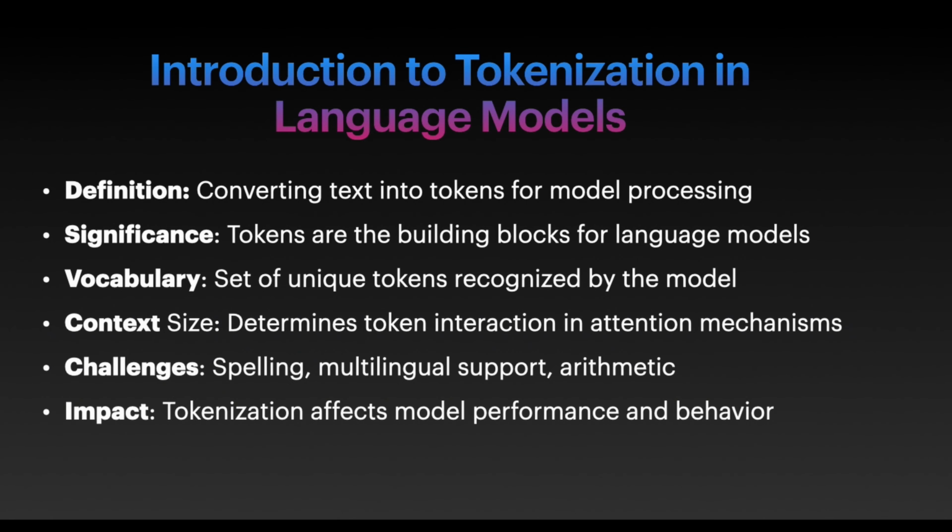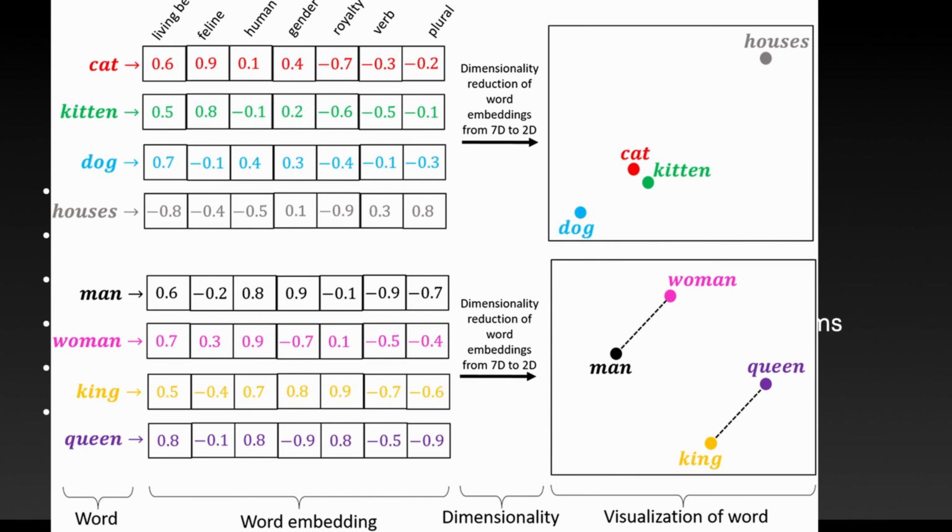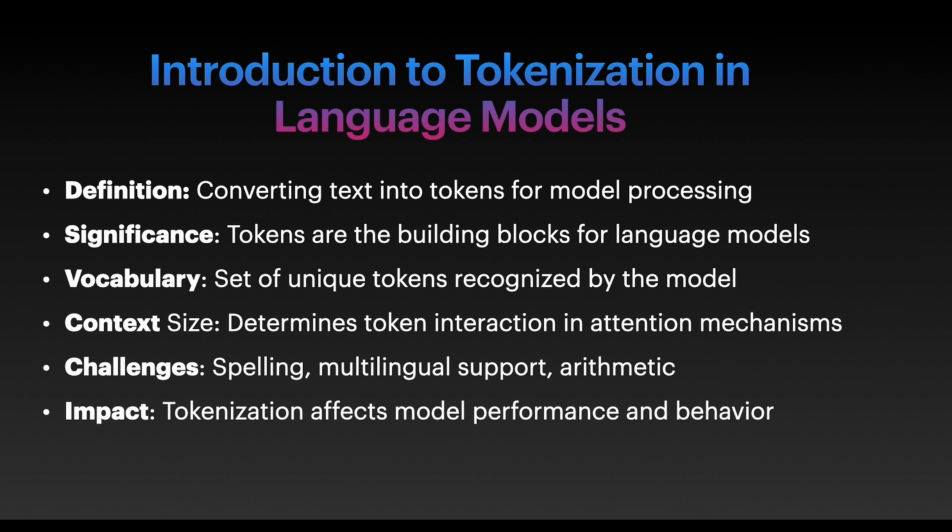Language models work with numerical representations, not raw text. Tokenization provides the bridge, translating human language into a structured format for computation. The way we tokenize text significantly influences how the model learns to process and understand language patterns.